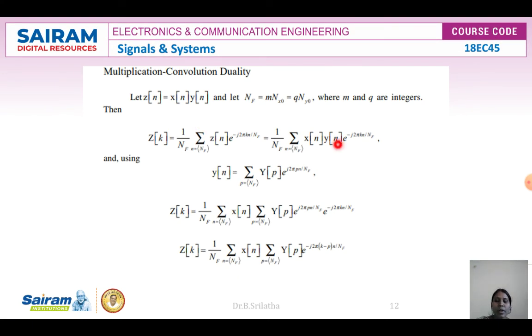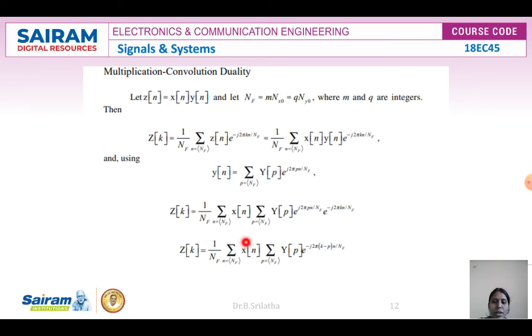Here z of n is nothing but a multiplication of two signals, x of n and y of n. Now y of n is also a Fourier series, so we can write y of n as a summation over p of y of p into e power j times this term. We can substitute that same thing into this expression, and now we can divide it into two parts.